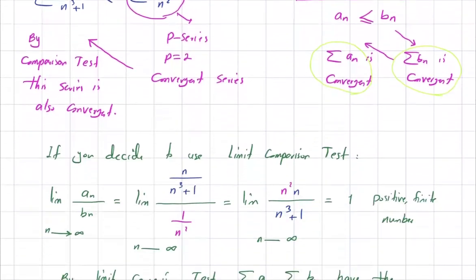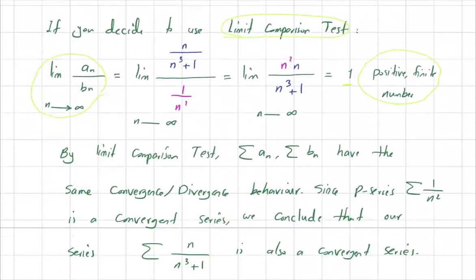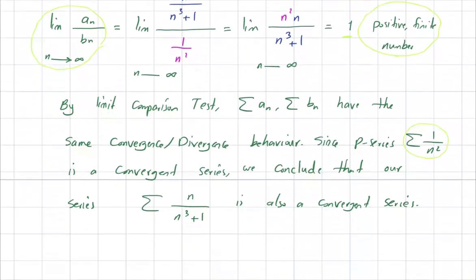Or you can use the limit comparison test. Either is fine. You take the limit of an divided by bn. As long as it's a positive finite number, it means that the convergence or divergence behavior of these two series is going to be the same. But since one of the series is convergent, this p-series, you can conclude that the other series must be convergent as well.